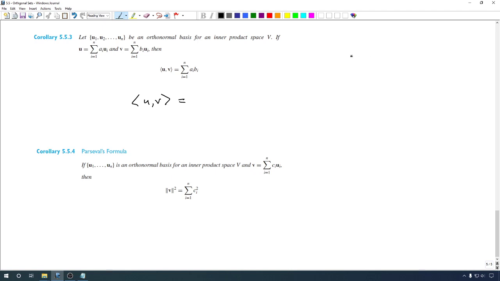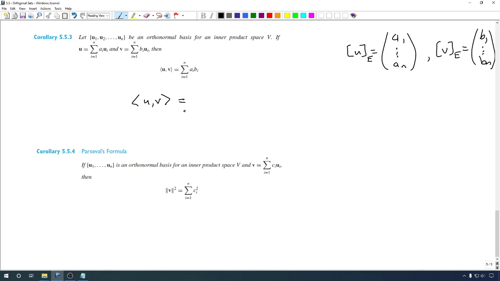Remember the coordinate vector of u, and again, I'm going to call this e. This is the column vector a1 through an. And then the coordinate vector of v is b1 through bn. What is the scalar product of these two vectors? Well, we turn this into a row times this column, and we just end up with this exact same formula.